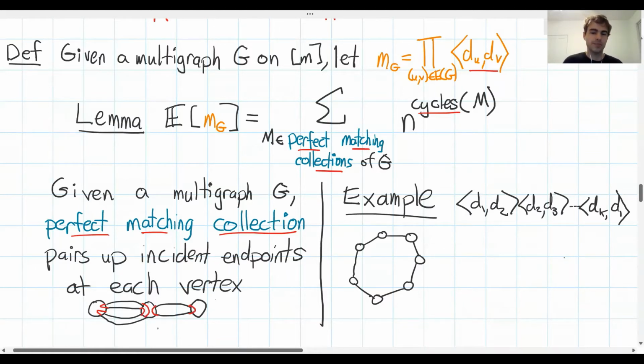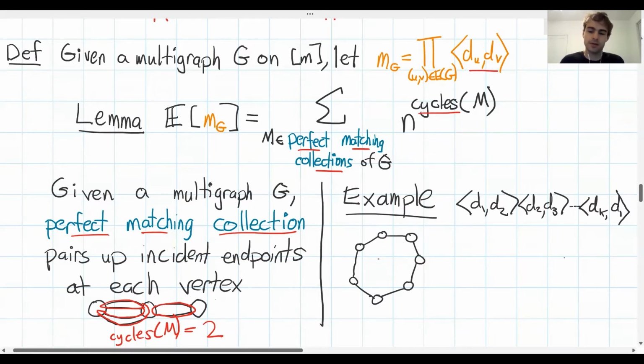And once you've made the pairing, the number of cycles in the perfect matching collection is just equal to the total number of closed loops that you made after doing all the pairing. So here we have one loop, and we have a second loop like this. So the number of cycles in this particular matching is 2. So the formula says that we need to sum over all perfect matching collections of n raised to the number of cycles in the perfect matching collection.